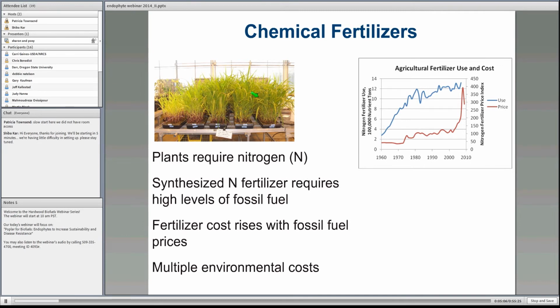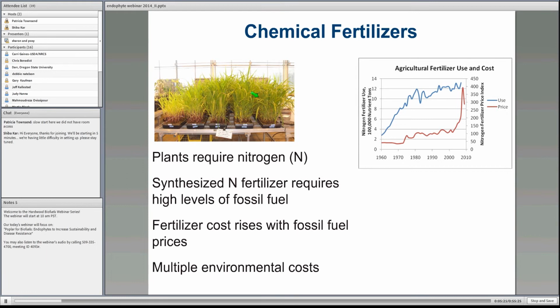The problem is that synthesized nitrogen fertilizer requires high levels of fossil fuels. And as these become limiting, then the cost of fertilizer also rises. In addition to these problems, there are multiple environmental costs to using chemical fertilizers.